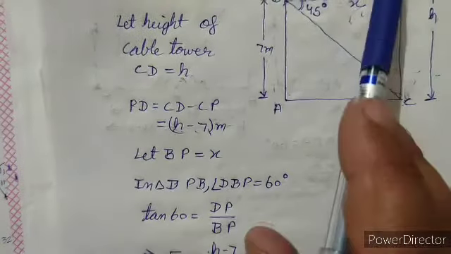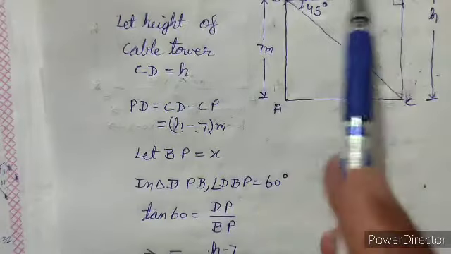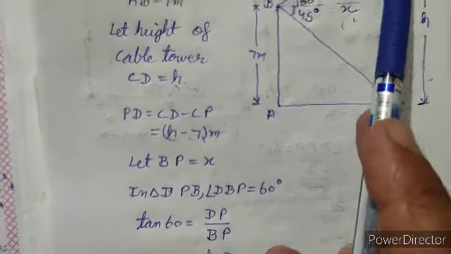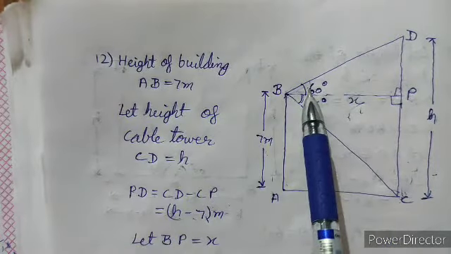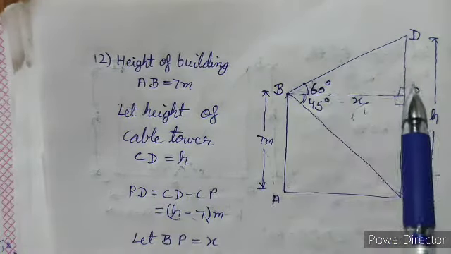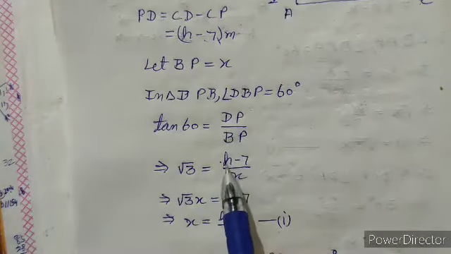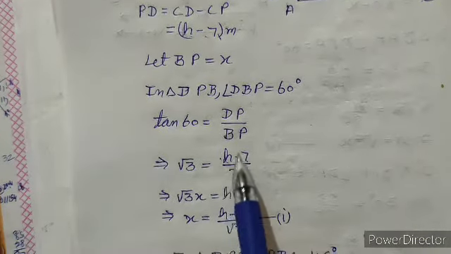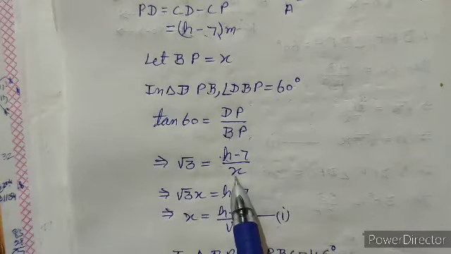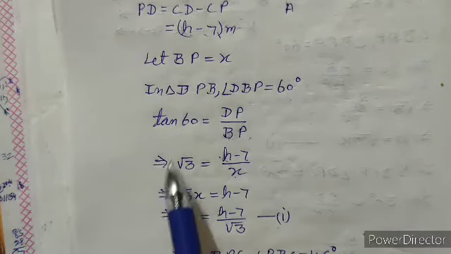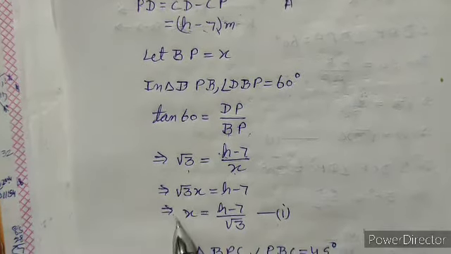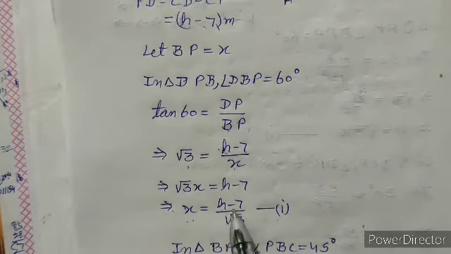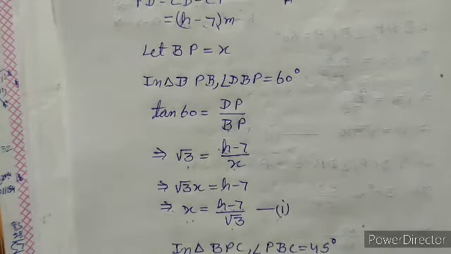Now in right angle triangle DPB, angle B is of 60 degree. So here tan 60 will be equal to PD upon PB, and PD was equal to h minus 7 and BP is equal to x. And the value of tan 60 will be equal to root 3, and this will give us the value of x as h minus 7 upon root 3.